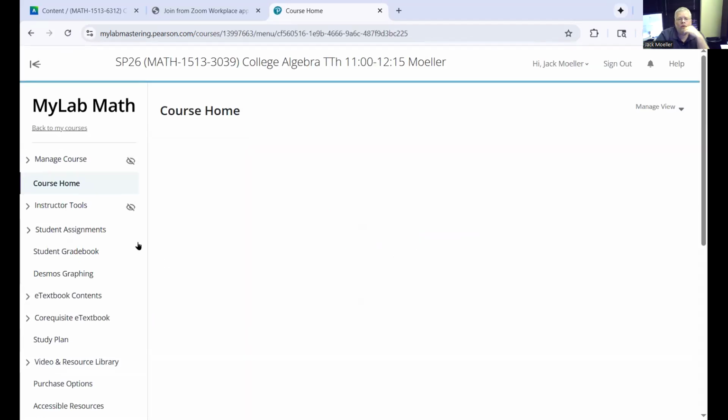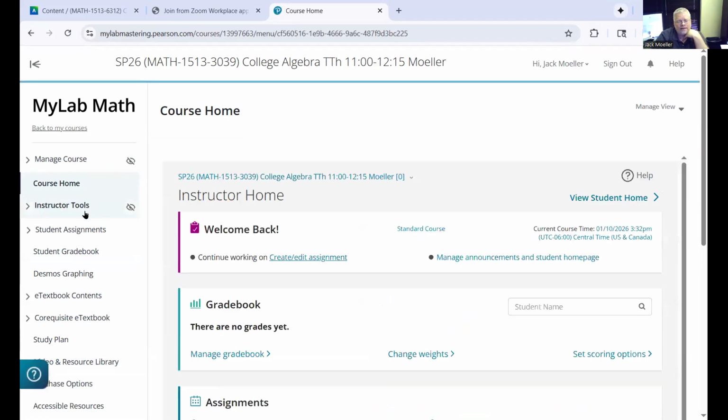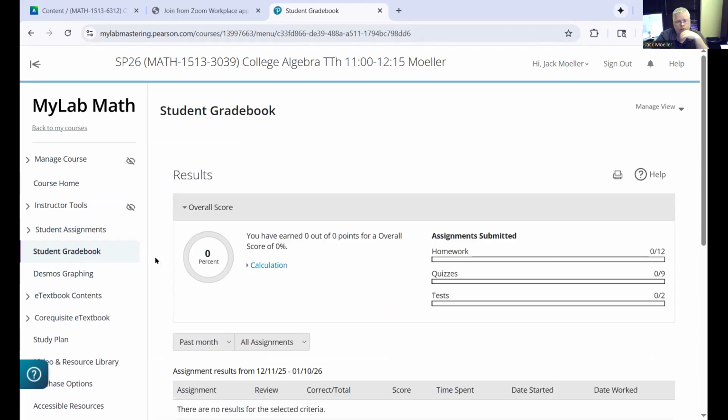All right. So as a student, there are two tabs you're going to use a lot this semester: the student assignments and the student gradebook. By the way, your gradebook here in MyMathLab is where I get your grade when I do grade checks.